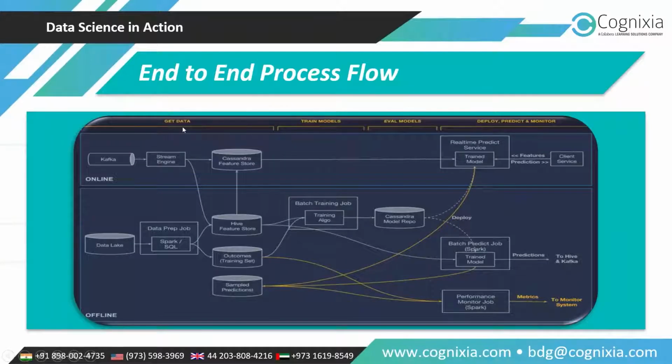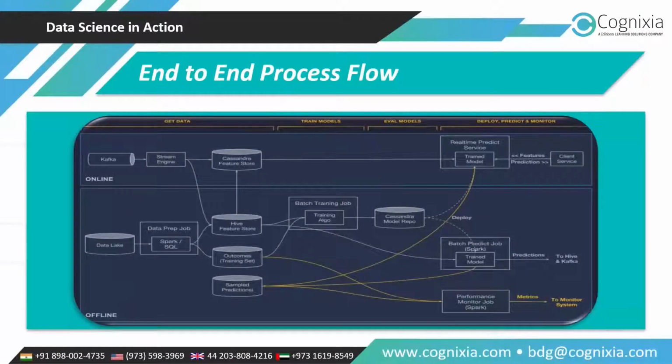It starts with get data, which is data collection, then it goes to train the model, evaluate the model, deploy the model, making the prediction and monitoring. So it is following almost the same flow when it comes to getting the data, building the model, evaluating the model, and finally deploying the model to production.